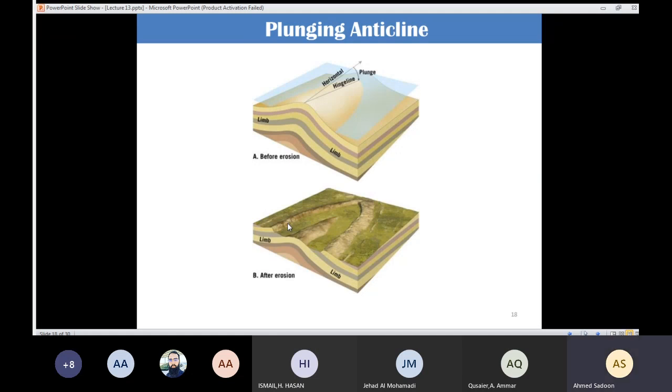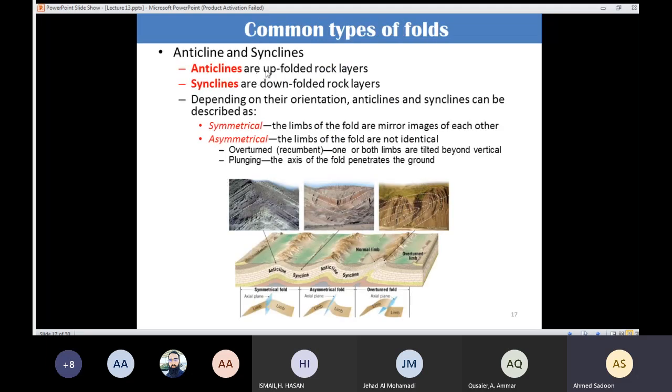So we have anticlines, which are the upfolded rocks, this one. We have synclines, which is the downfolded rock. And the anticlines or the synclines could be symmetrical or could be asymmetrical. And the asymmetrical has special conditions. We have the overturn and we have the plunging.